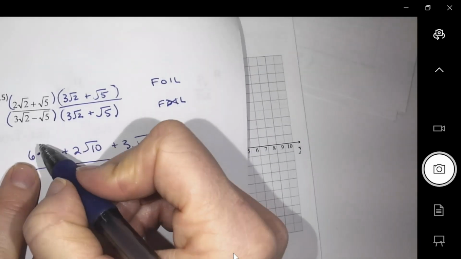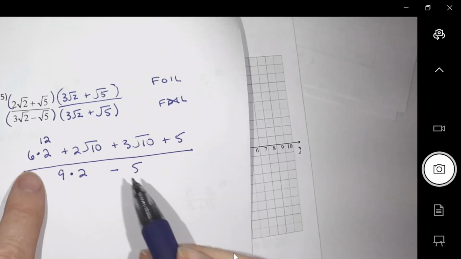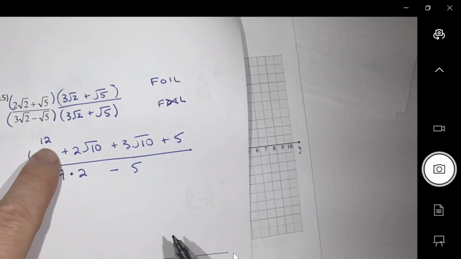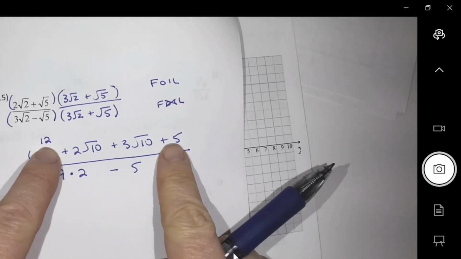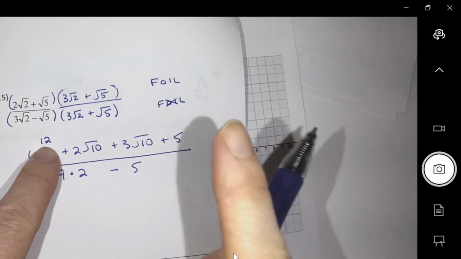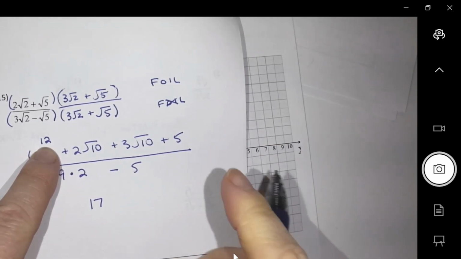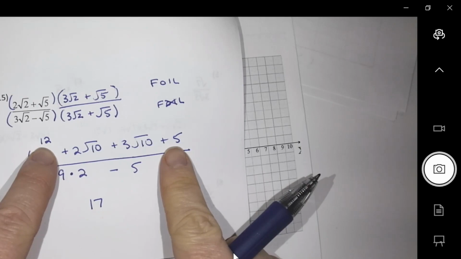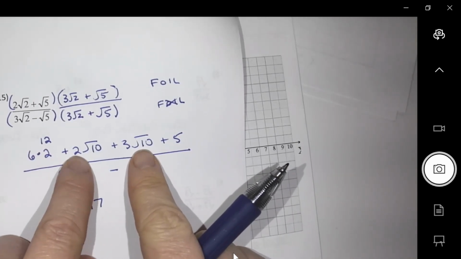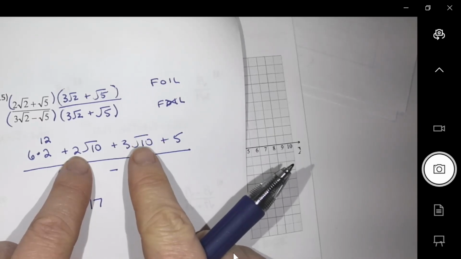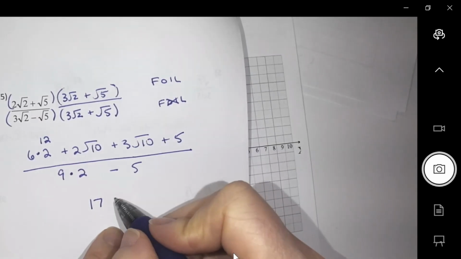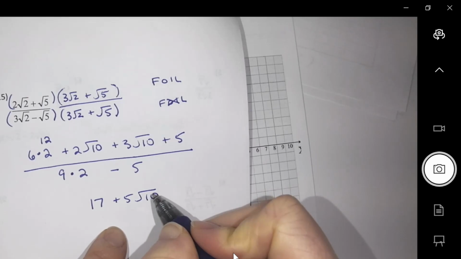Okay. I'm going to think of this as 6 times 2 is a 12. And then I can put a plus 5 with it. So 17. And then these are root 10s, so I can put them together. So if I have 2 root 10s plus 3 more root 10s, I have 5 of them.